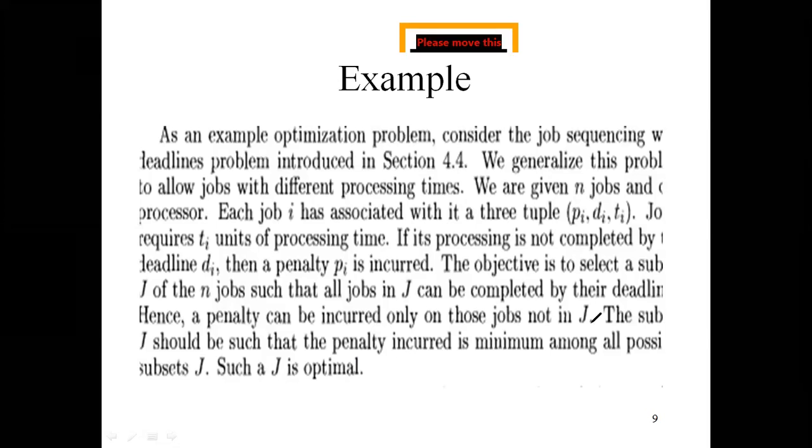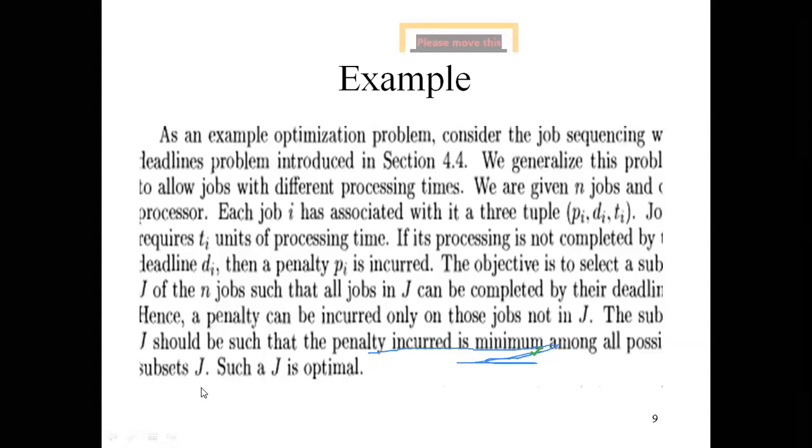This penalty should be reduced; the penalty incurred should be minimum among all possible subsets J. So J is optimal.